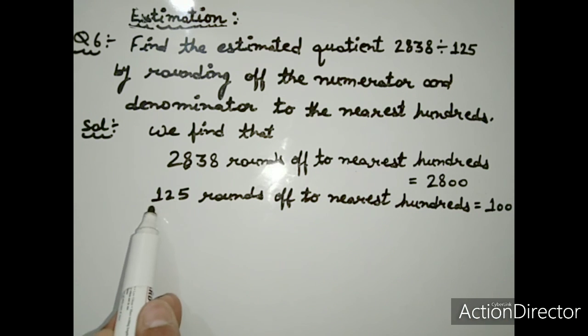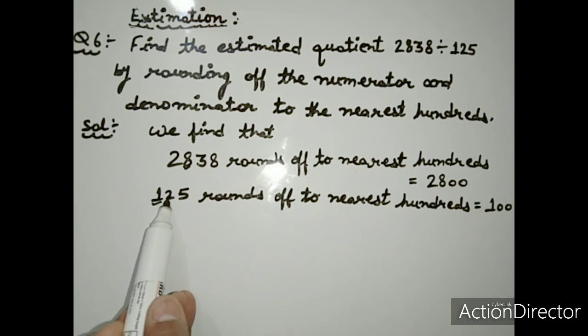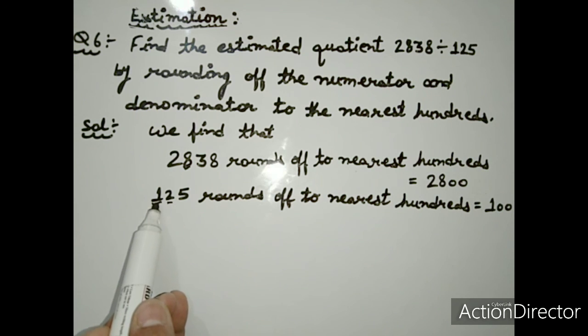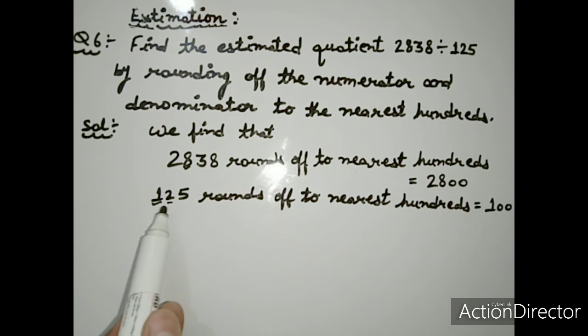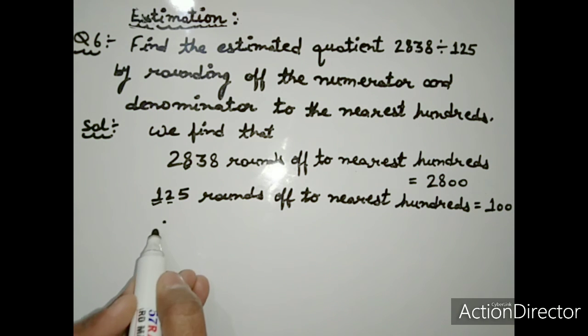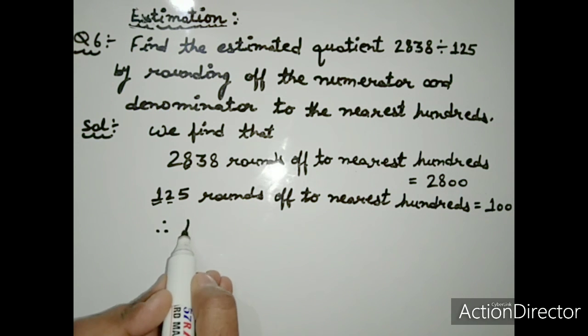So here the required place is 100, and the digit in the required place is 1 here. On the right-hand side of the required place the digit is 2 here, and 2 is smaller than 5. So here we write the digit in the required place same as 1 as it is here, and these two digits are replaced by 0. Now we divide these two numbers and find the estimated quotient.